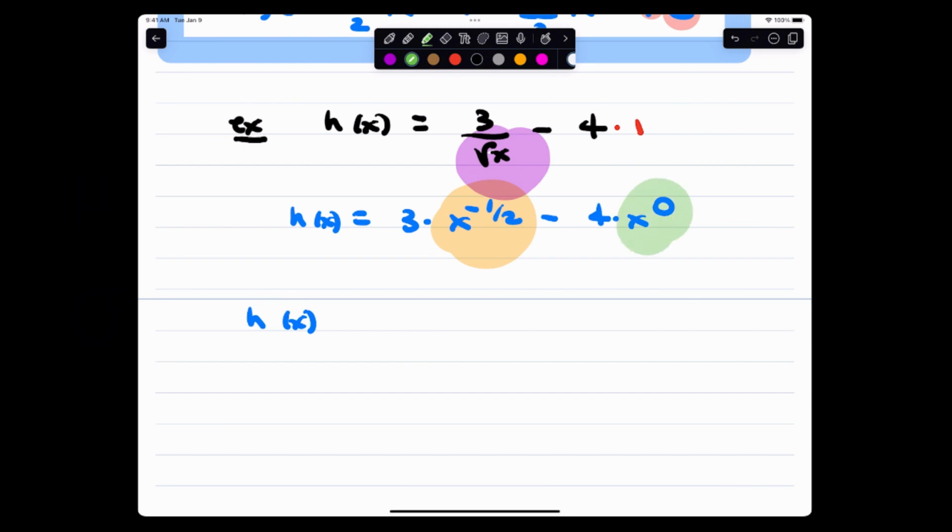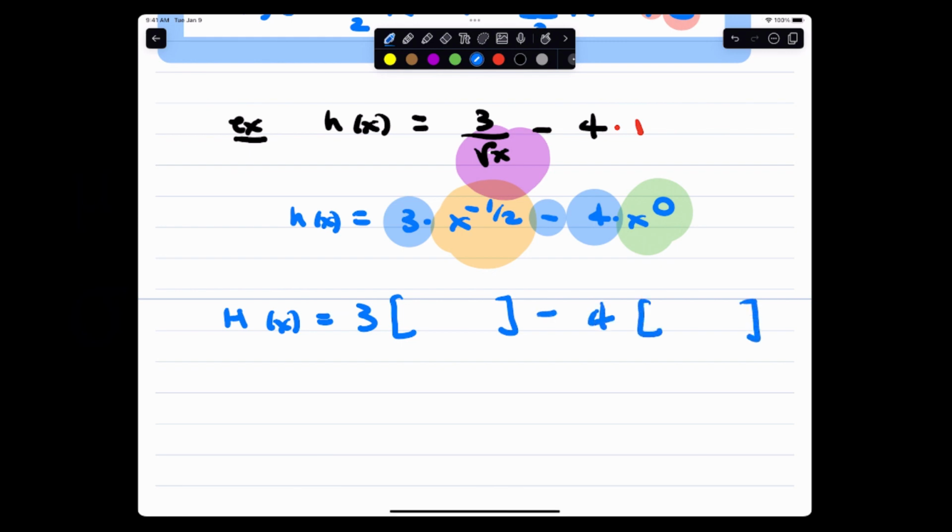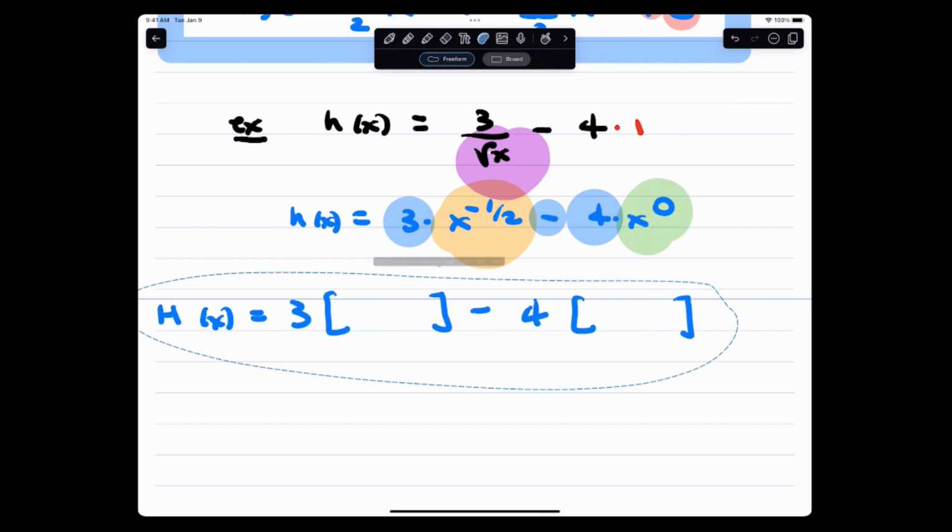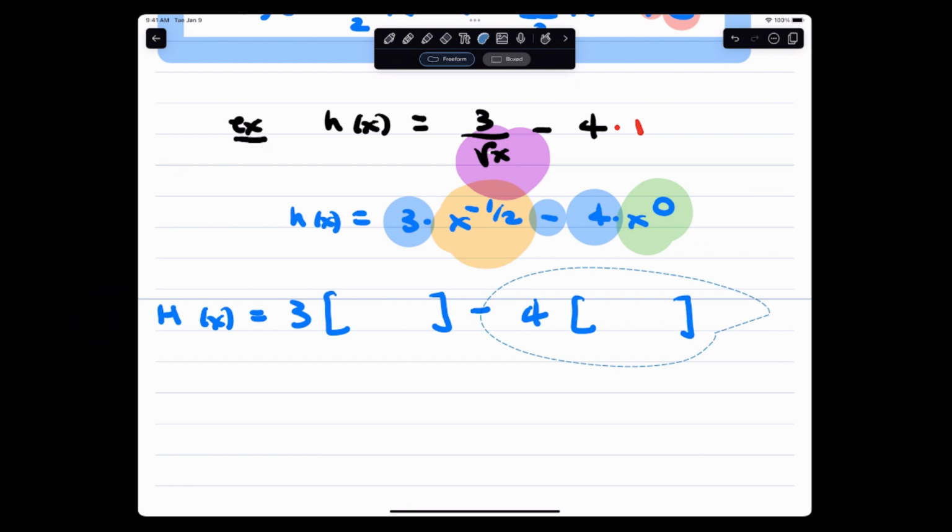Keep your constants what? There. And subtraction. So let's try this out. Okay? Big H becomes 3 times the antiderivative minus 4 times that antiderivative. And I'm going to put the plus C over here. All right?